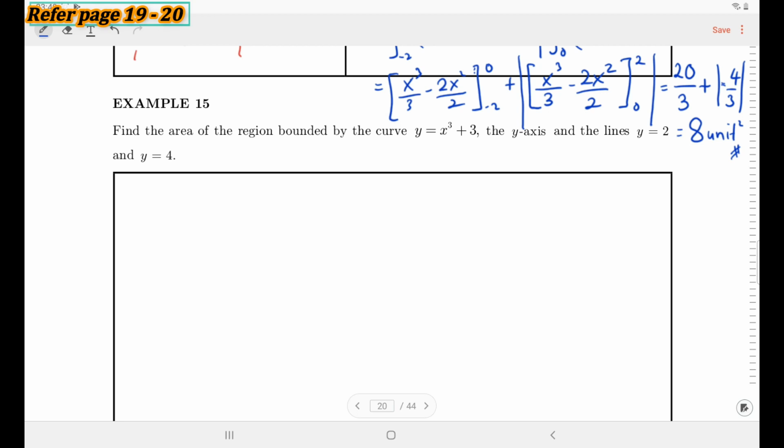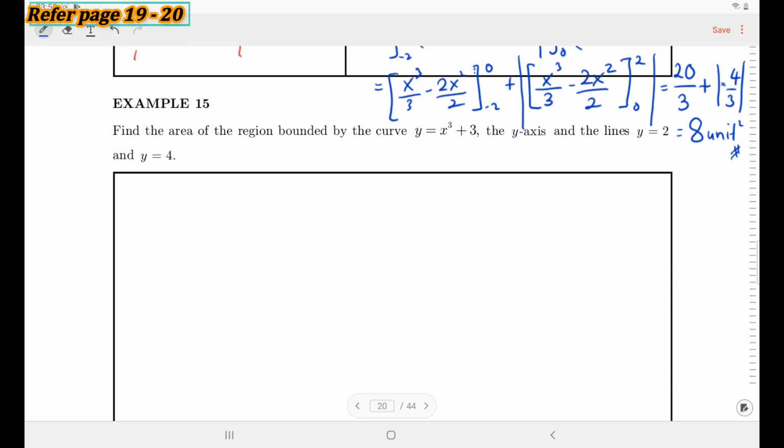Do you still remember what the graph looks like for a cubic function? To find the area of this region, you must first try to sketch the graph. If you don't, you couldn't see where your beginning limit and ending limit will be to find your area.